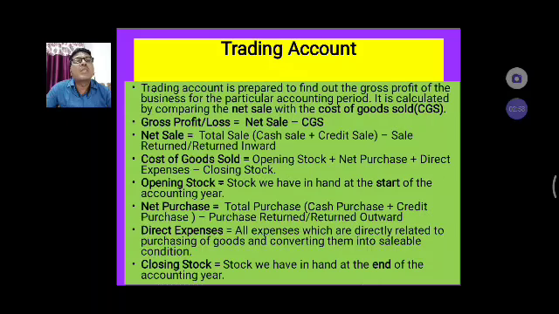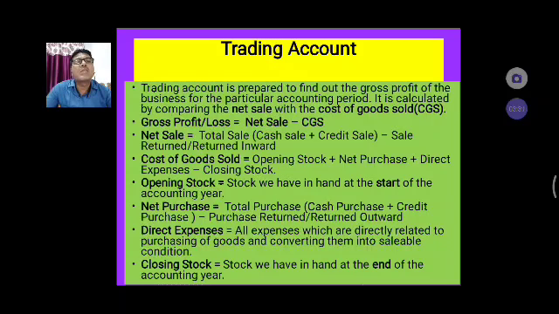Cost of goods sold is equal to opening stock plus net purchases plus direct expenses minus closing stock. Opening stock is equal to stock we have in hand at the start of the accounting year. Net purchases is equal to total purchases, which include cash purchases plus credit purchases minus purchase return or return outward.